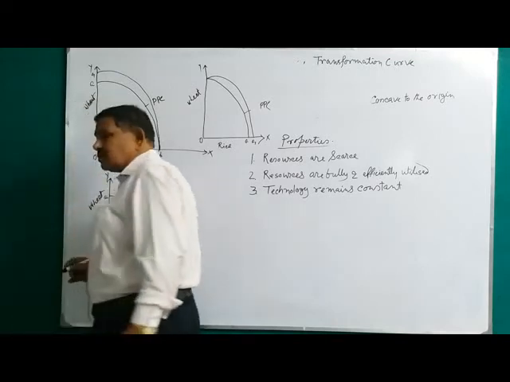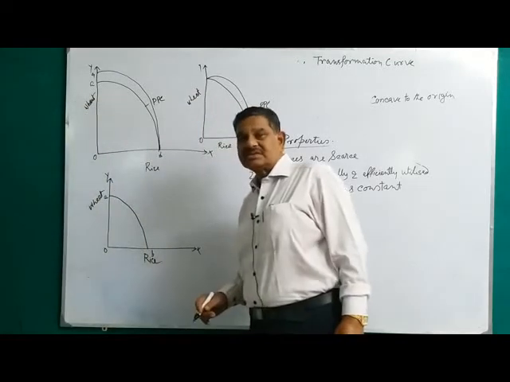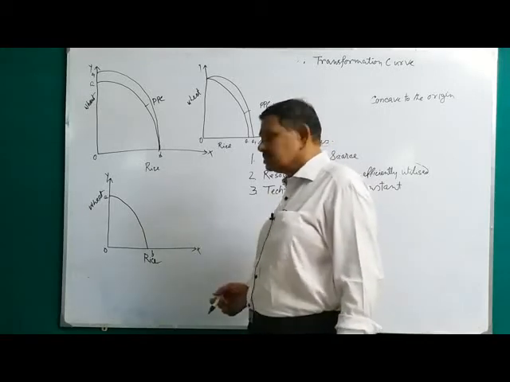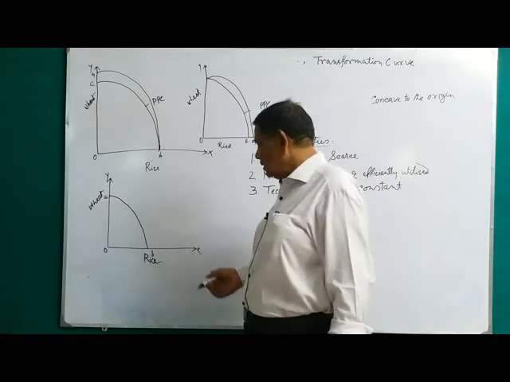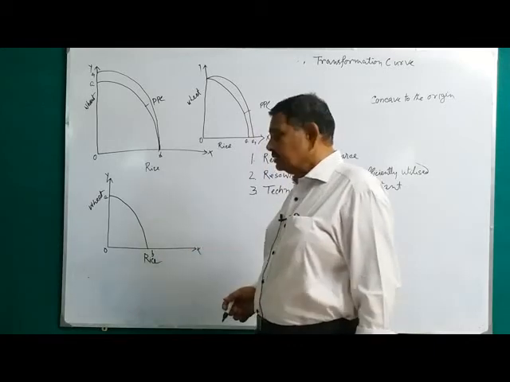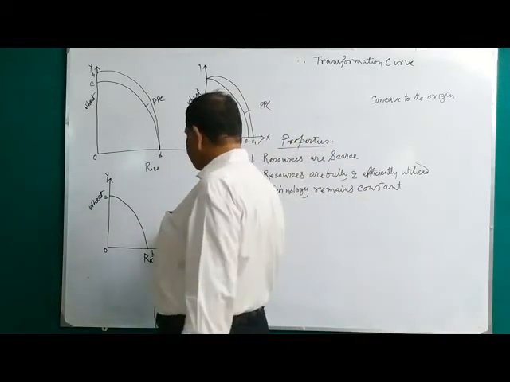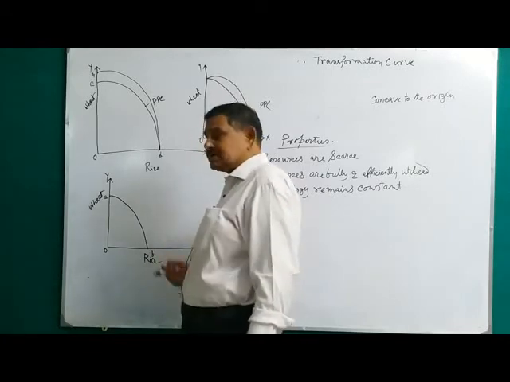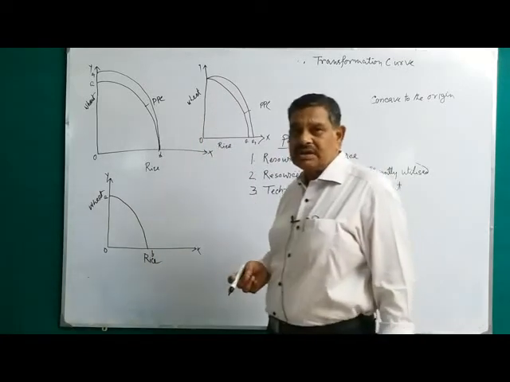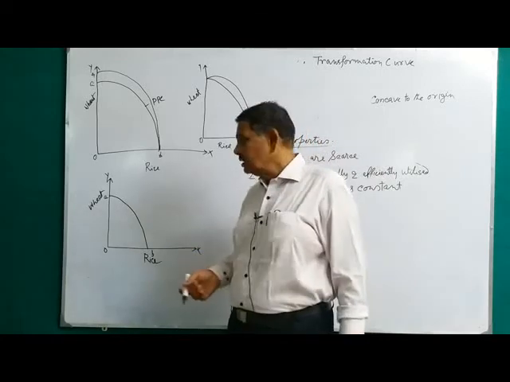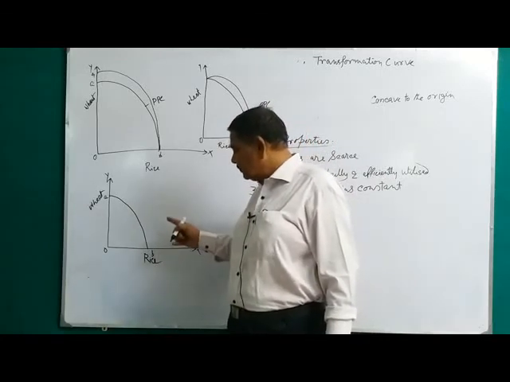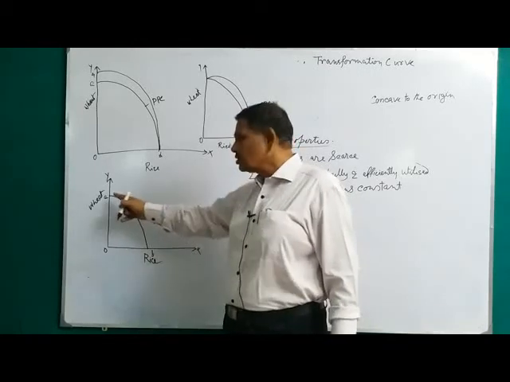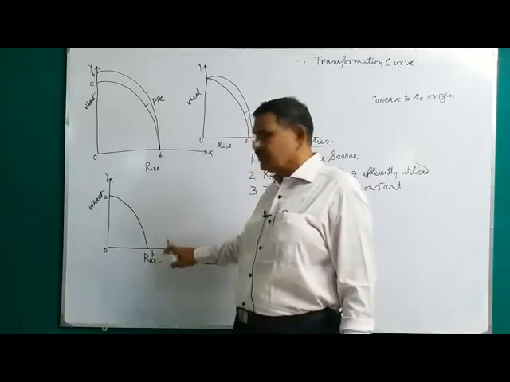Now, if the technology changes in both cases, in the production of wheat and in the production of rice, then both productions will increase even if the resources remain constant.